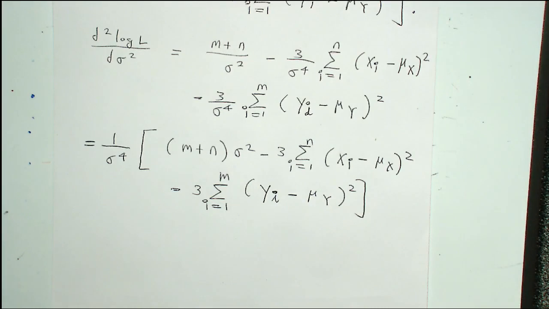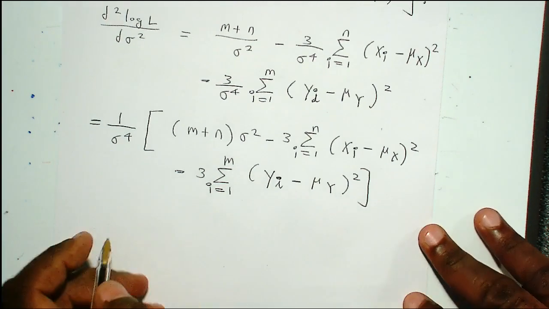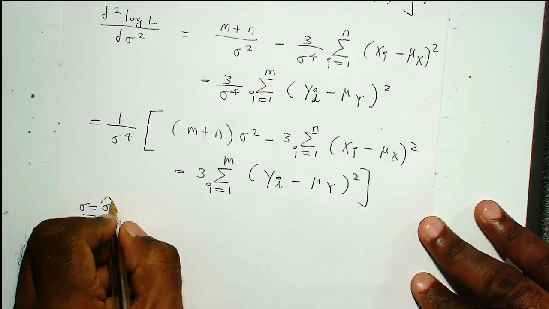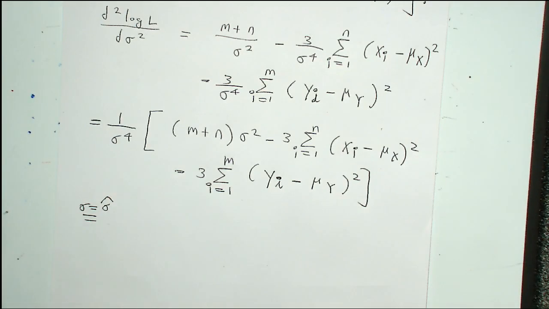In the next step, I'm going to replace sigma by sigma hat, because we only need to show that the second order derivative is negative at sigma hat.